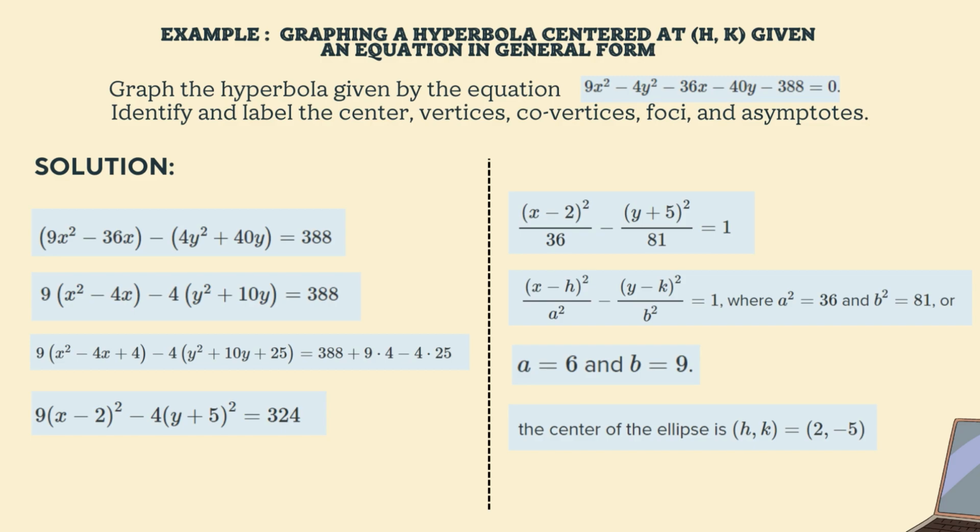Our a is equal to 6 and b is equal to 9 as the square root of 81 is 9. Thus, the transverse axis is parallel to the x-axis, or again, it is horizontal. It follows that the center of the hyperbola (h, k) is equal to (2, negative 5).